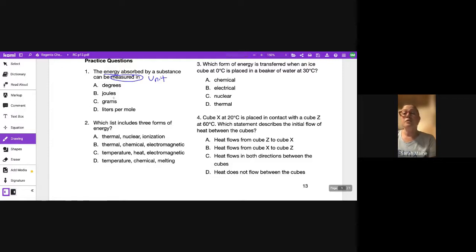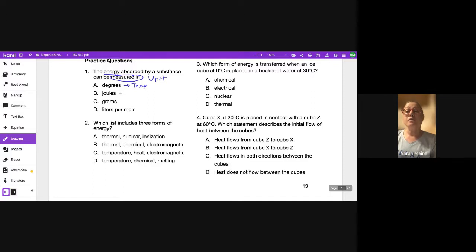So you see the term degrees. Degrees is not used for energy, but it is a lot of times represented when we're talking about energy. Degrees is used when we're measuring temperature, and temperature is not a form of energy.